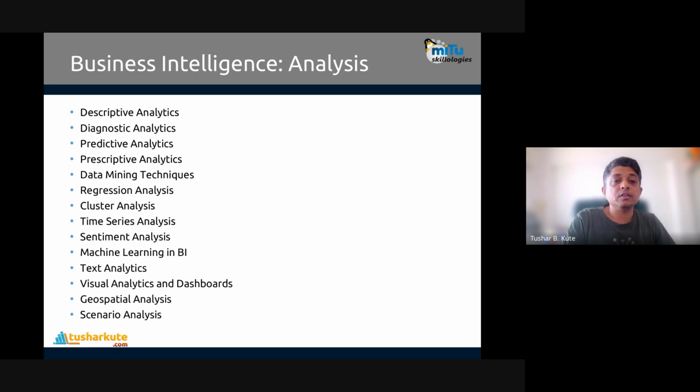We'll elaborate in detail what kind of techniques may be suitably used to perform this work of analysis. See this: descriptive, diagnostic, predictive, prescriptive, data mining, regression, cluster, time series, sentiment, machine learning, text analytics, visual analytics, geospatial analytics, and scenario analytics. Those are the common methods that we apply and use here.